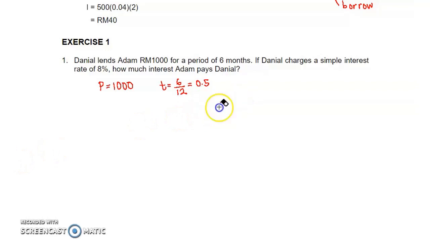If Daniel charges a simple rate of 8%, how much interest does Adam pay Daniel? The simple interest rate here is 8%, equivalent to 0.08.